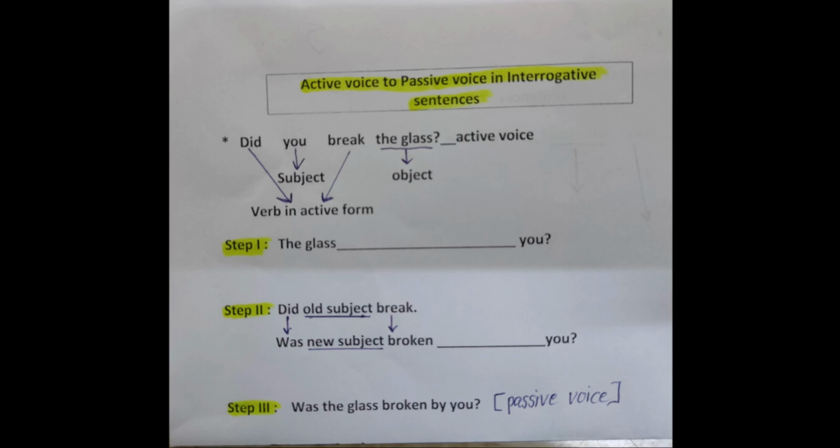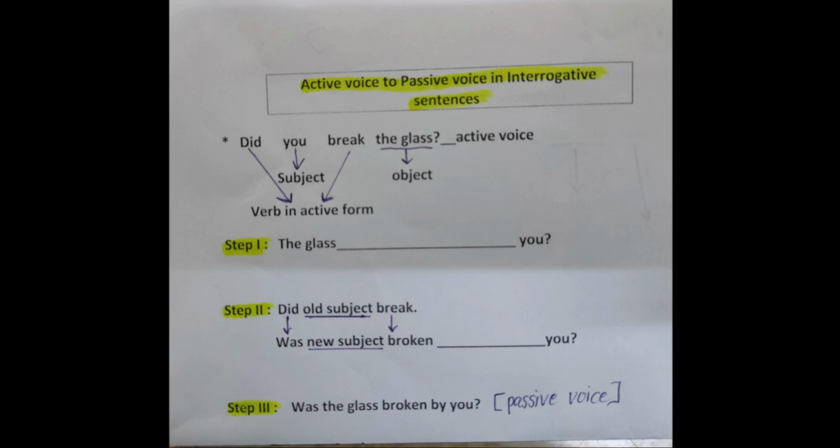Did you break the glass is in active voice. Here, you is the subject, glass is the object, and did break is the verb in active form. Now, as per the step number 1, we will have to interchange the object and the subject.